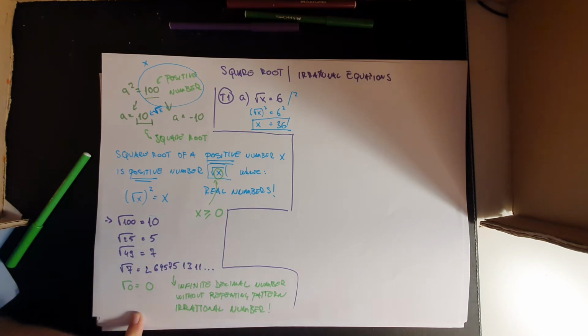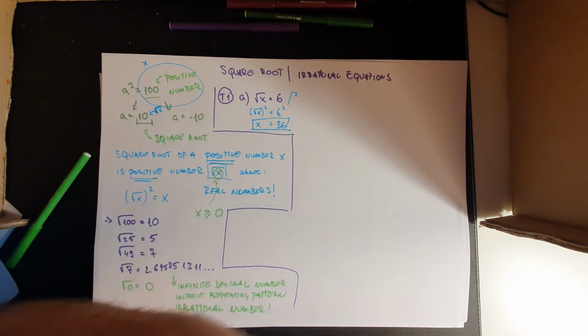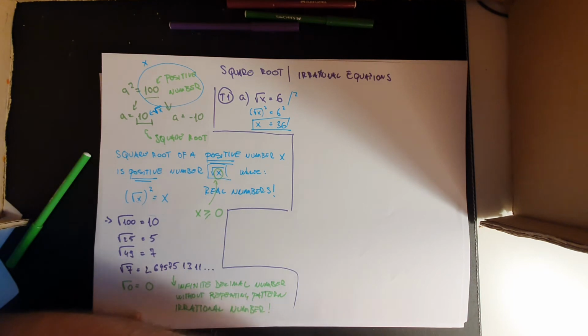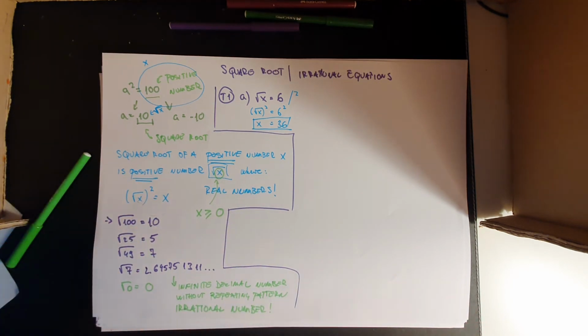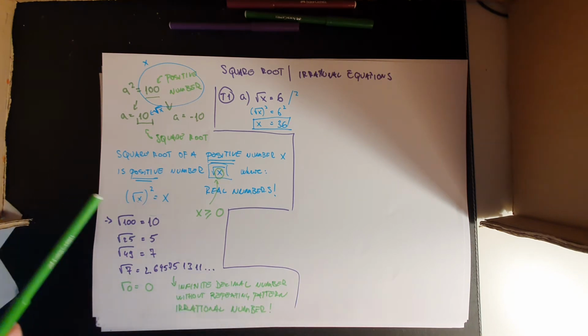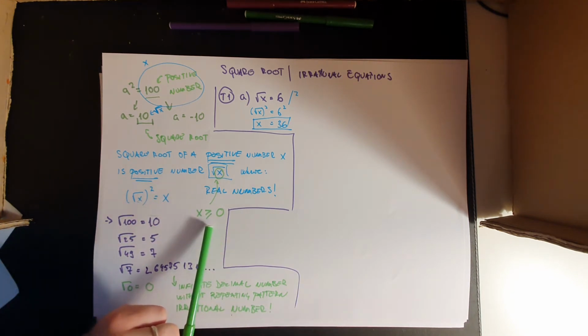Done. Now one thing I haven't talked about, and I should have talked about at the beginning, but doesn't matter. I've done this example because we usually skip it, so let's not do it here. I still have to apply the formal part, that x has to be a positive number.